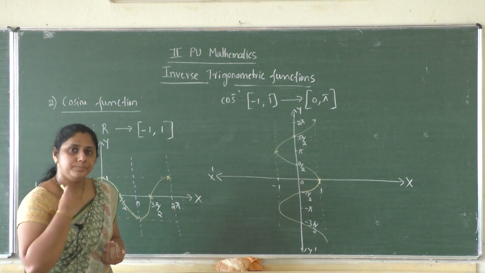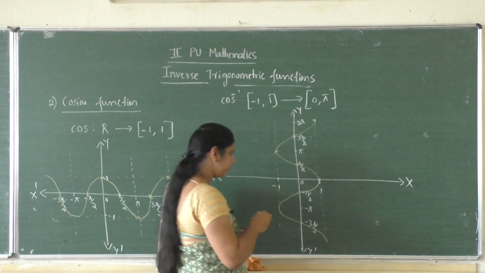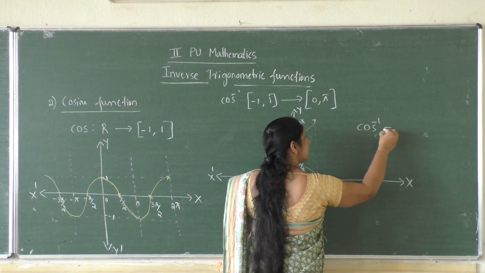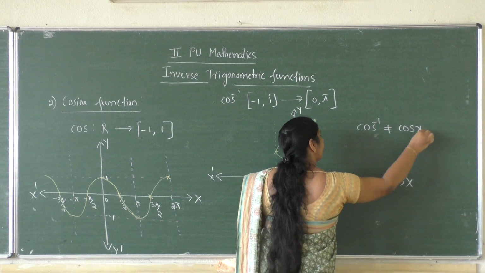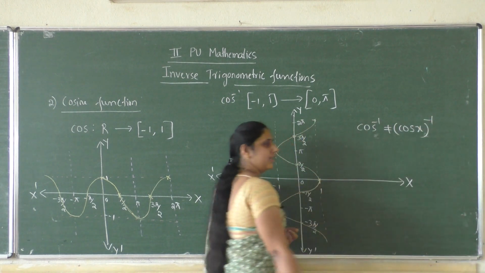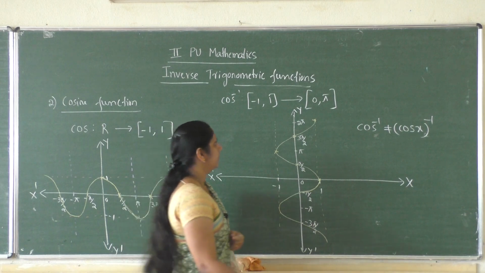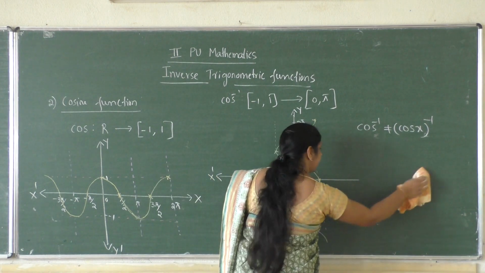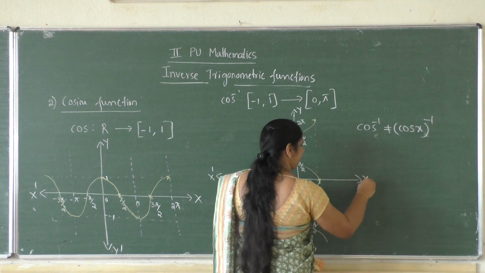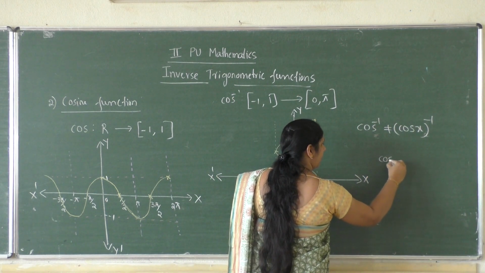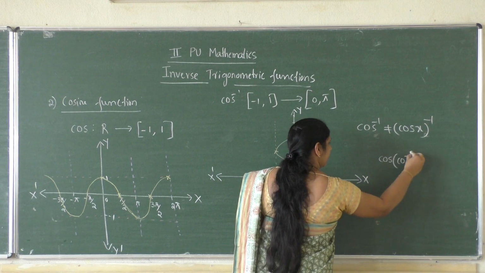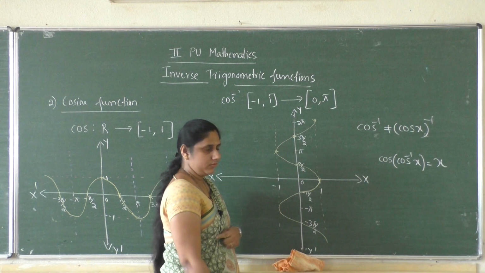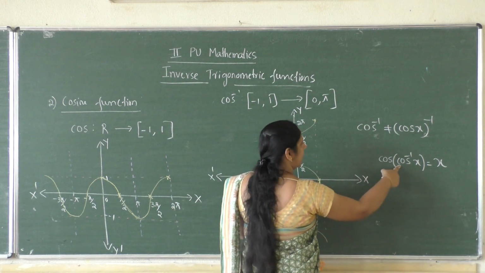Is it clear? Right. Now again, cos inverse x is not equal to (cos x) whole inverse, the same as the earlier property. What is that property in sine? That is cos of cos inverse x equals x when x belongs to the domain of cos inverse.